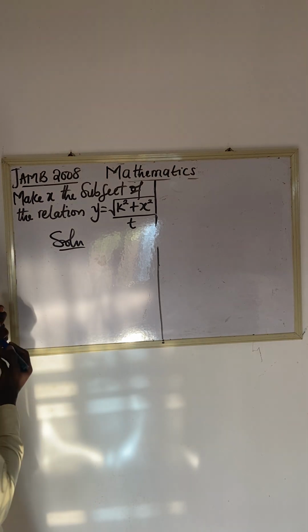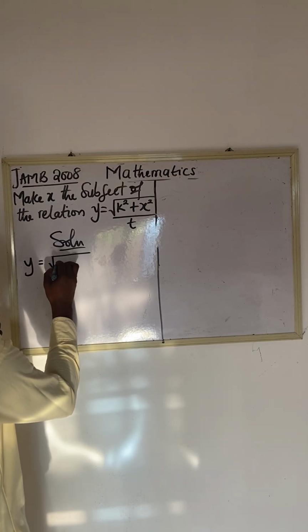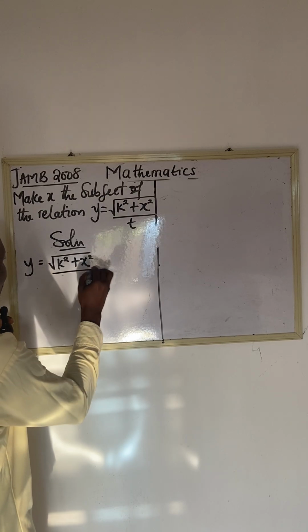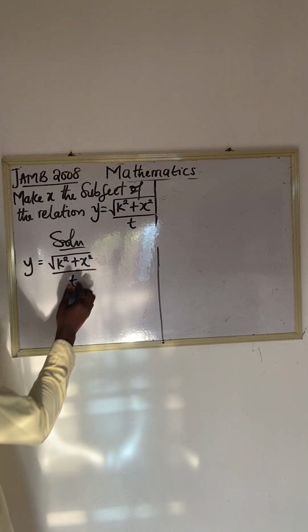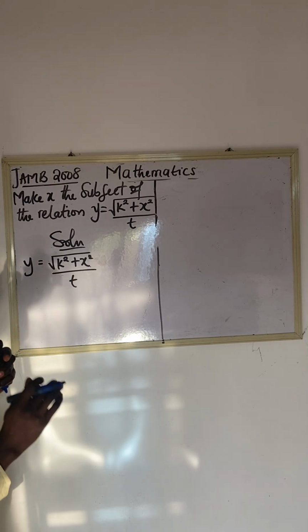We have y is equal to the square root of k squared plus x squared all over t. Now we have to make this x the subject of the relation. So what we are going to do is quite simple.